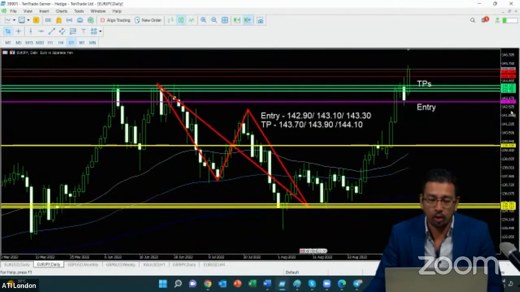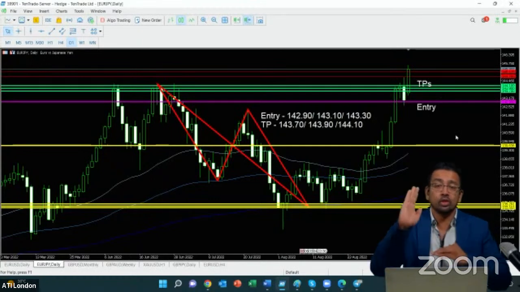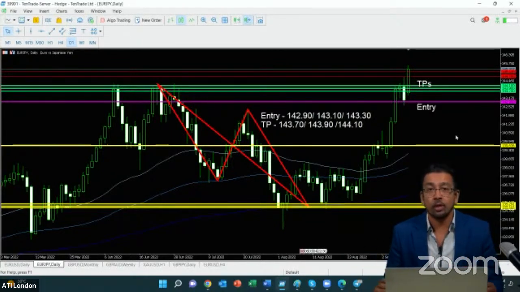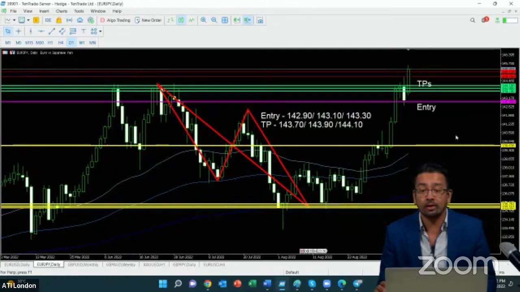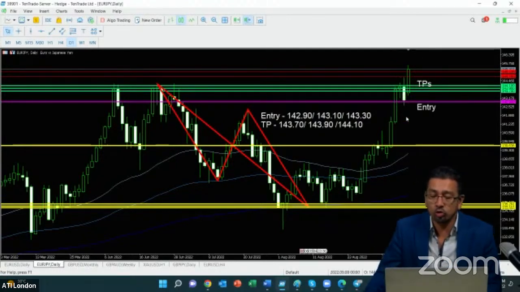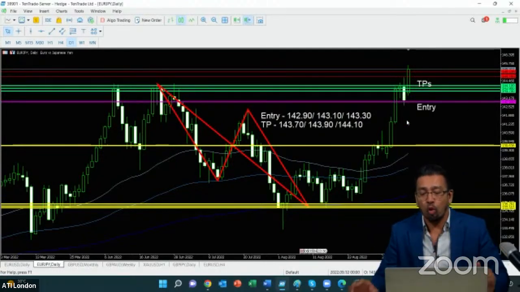Now Euro JPY, as we have mentioned, has benefited us with hundreds of pips, 100 plus pips, from that area of entry right up to the TPs right there. So it has actually gone through these TPs, giving us the signal that more buying power is expected as well. It has pierced through all the TPs.